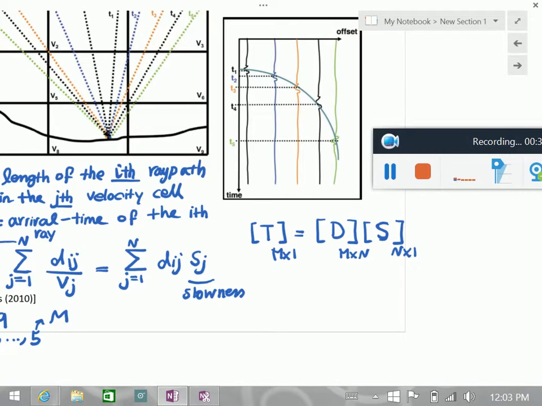If you have T and you want S, the first thing to do is to get S from T, you just use the inverse of D times T. But unfortunately, this never works. Why can't we do that?